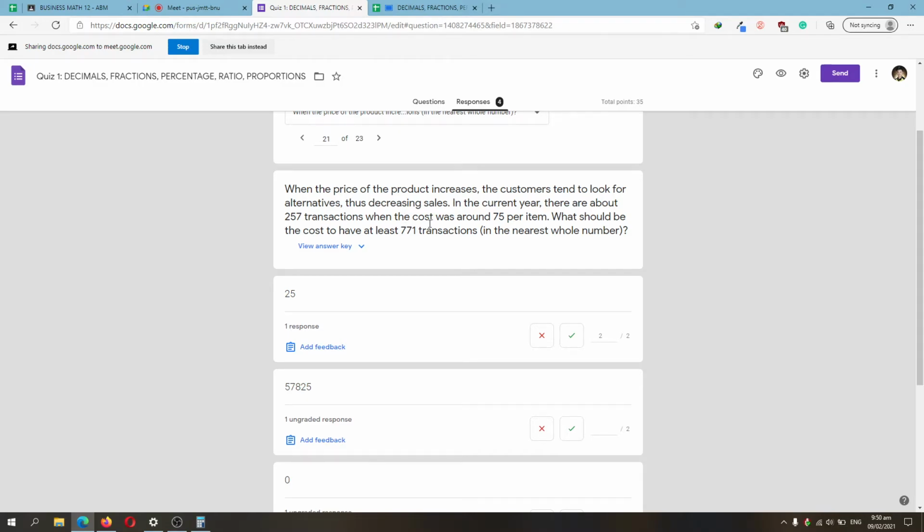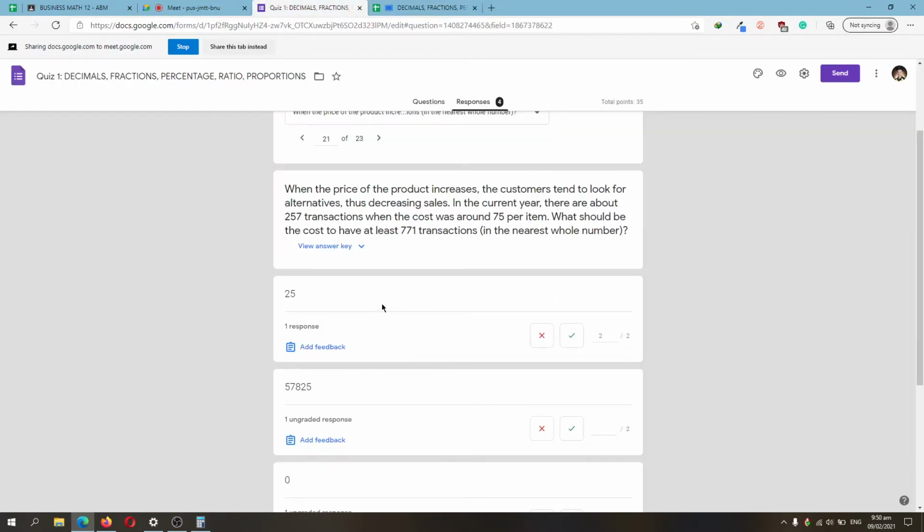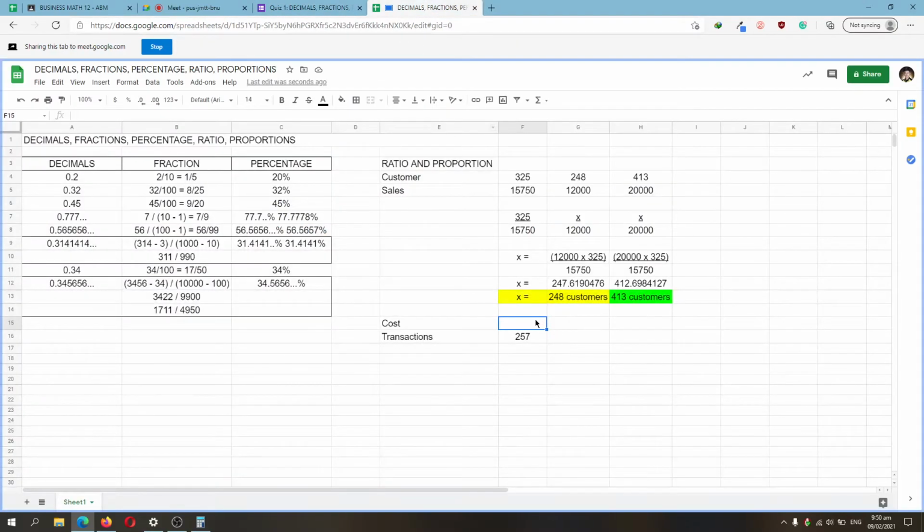So, sabi niya dito, when the price of the product increases, the customers tend to look for alternatives, thus decreasing the sale. So, meron daw tayong 257 na transactions. And then, meron tayong cost niya is 75 per item.